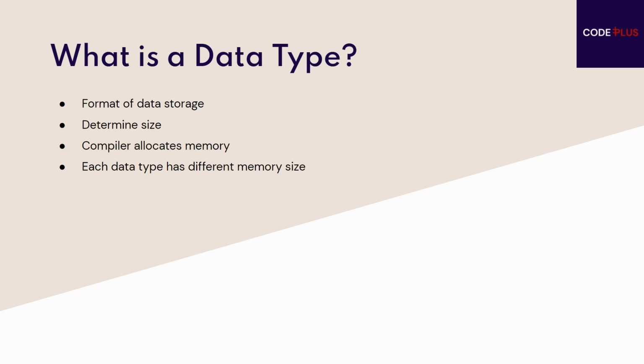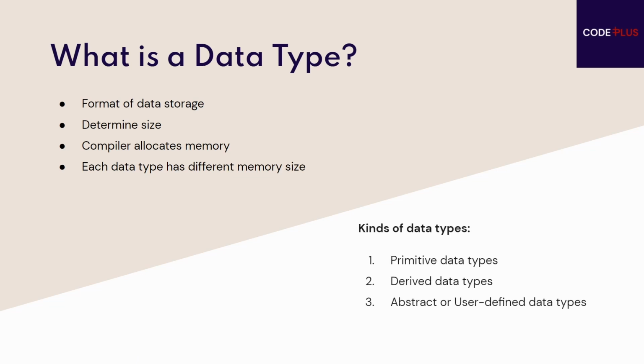The size of a variable, constant, and array are determined by data types. Whenever a variable is defined in C++, the compiler allocates some memory for that variable based on the data type with which it is declared. Every data type requires a different amount of memory.